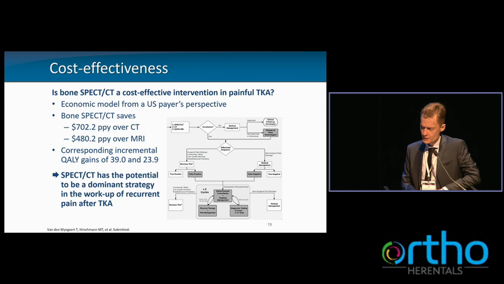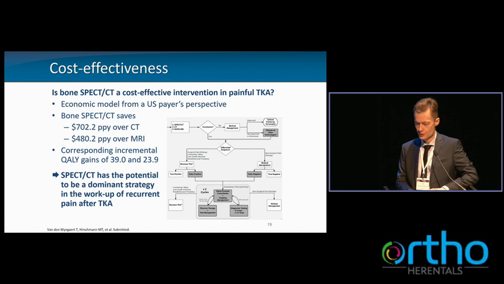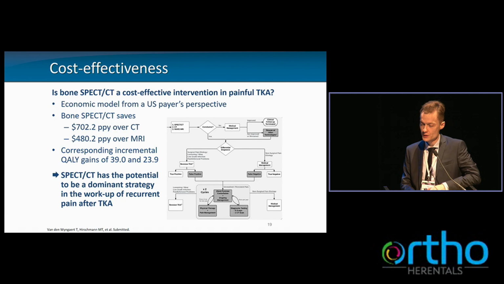And then in the last minute, I have just some thoughts on costs and cost efficiency. New techniques are wonderful, but they're most of the time very costly. So is it worth paying for them? We have been working recently on a cost-effectiveness model. It was based on the US payer perspective, simply because Medicare and Medicaid are much more standardized than the European healthcare systems.